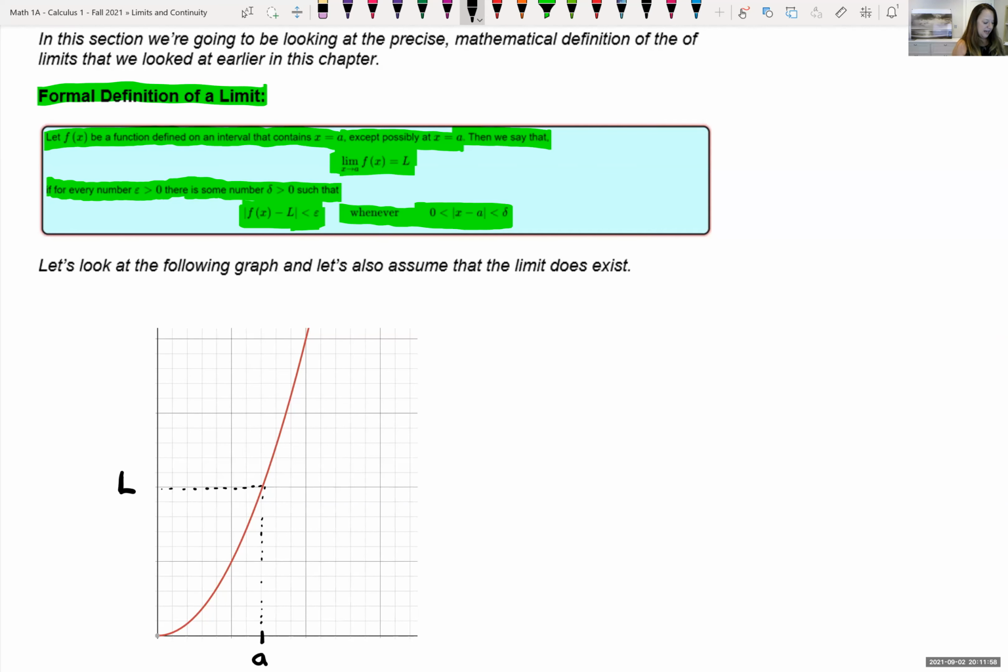Let's say there's some epsilon. We're blowing this up because we're getting really, really close, and normally our epsilon is very small.